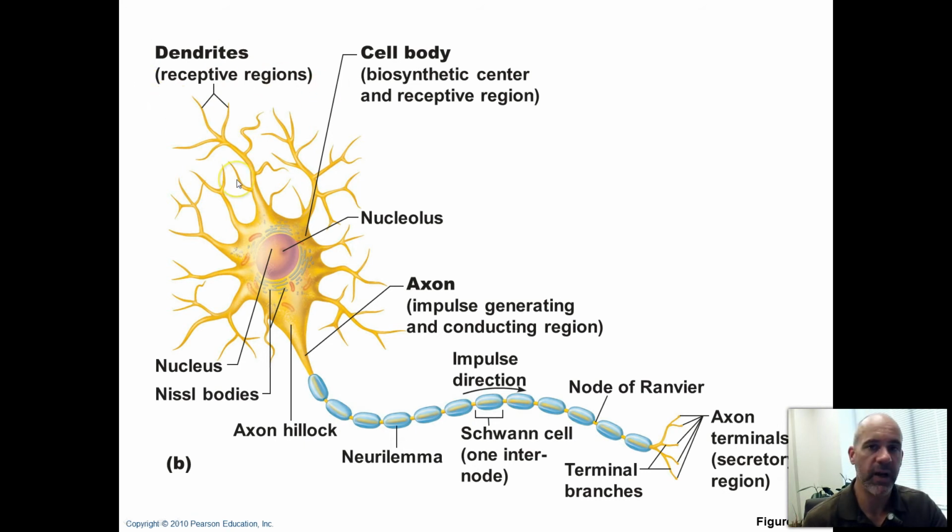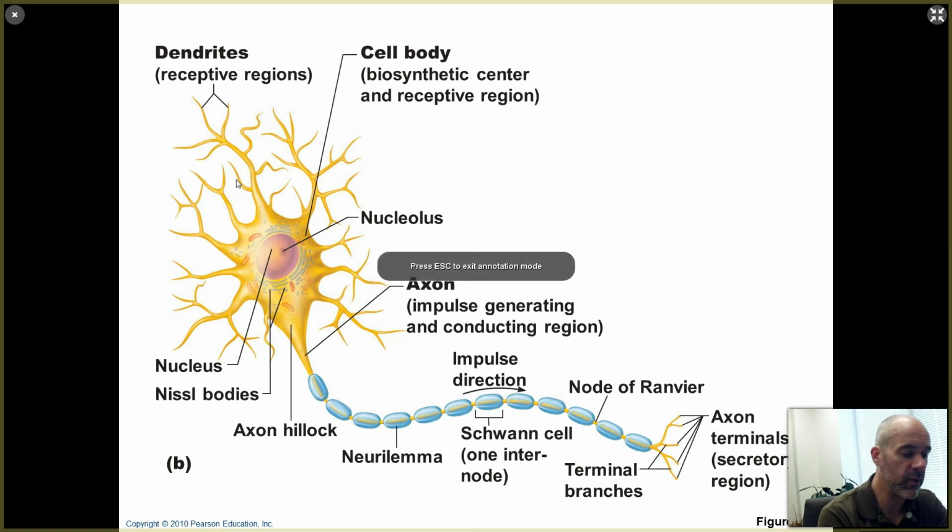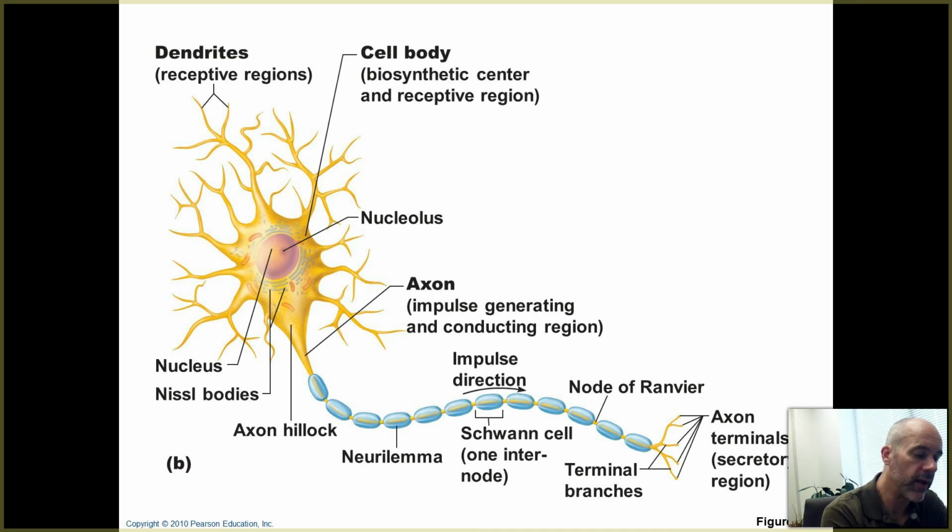That means that those are areas that receive signals, input, and generally that's going to be from other neurons. So in this unit, we're going to see a whole lot more of, all right, here's an axon from some other neuron, and its little synaptic knob there is forming a synapse, just like we saw between a motor neuron and a skeletal muscle fiber in Unit 4. But now we're going to be looking at synapses between different neurons, one neuron to another.